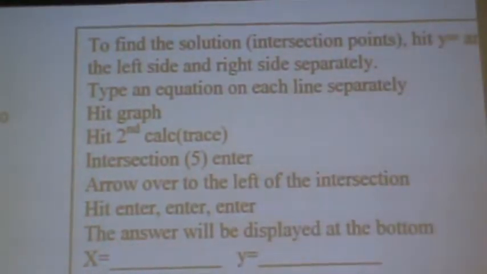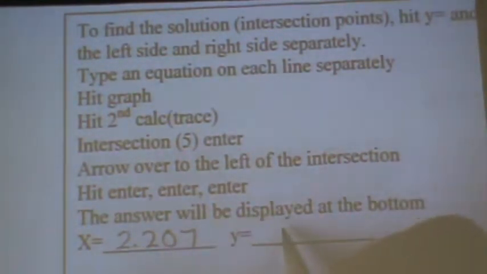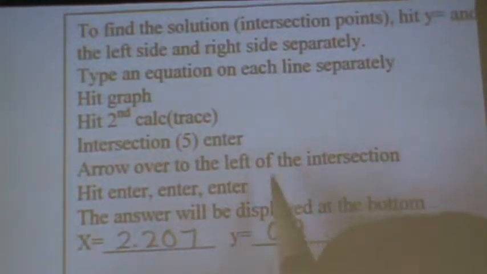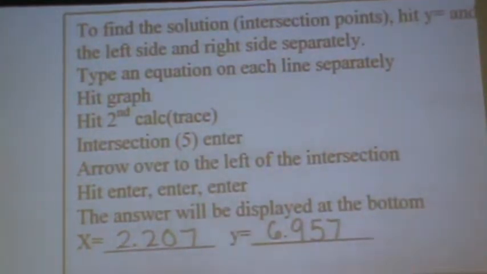So the other method, and by the way, here I have the directions for you to follow along. And if you want to write 2.207, and the y value is not the answer, but that's the ordered pair where those two intersected. The x value is what you want. Okay, so this is the answer right here.